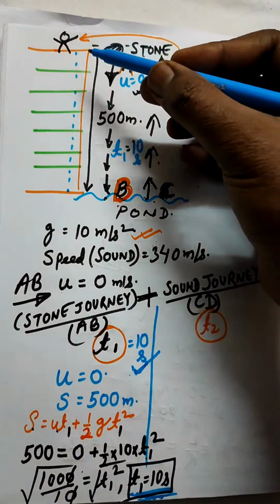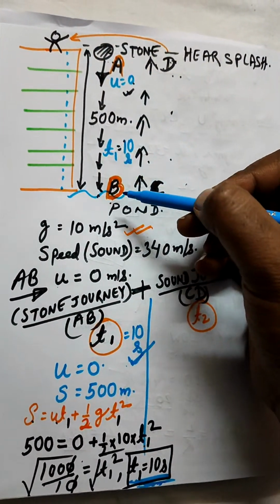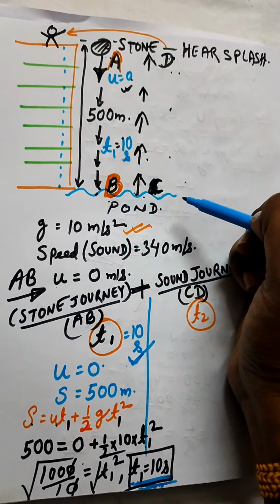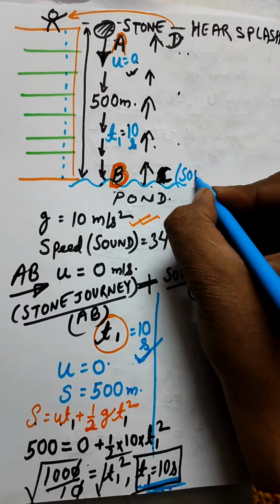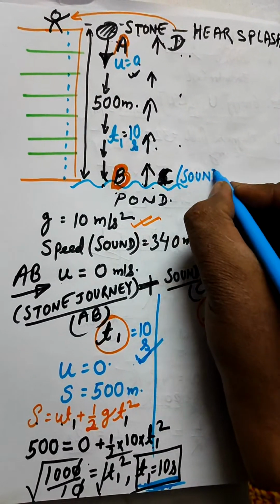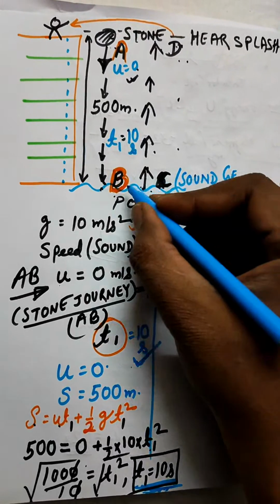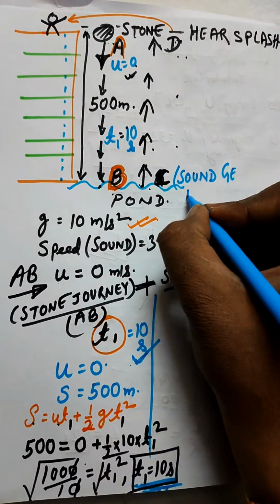And what is the next time? When will you be able to hear the sound? Are you able to hear the sound when the stone reaches B? No, because sound is generated here at C. In fact, it's generated at B and sound starts traveling.